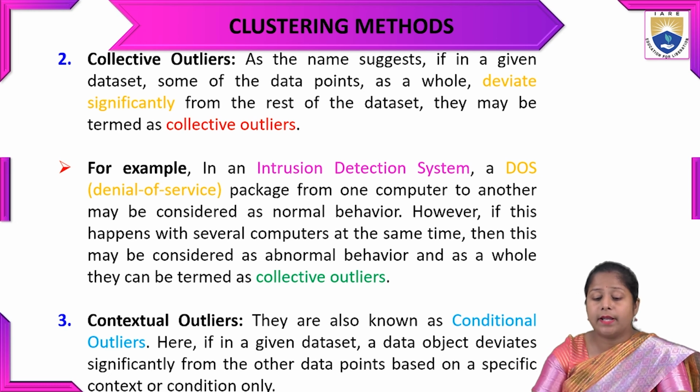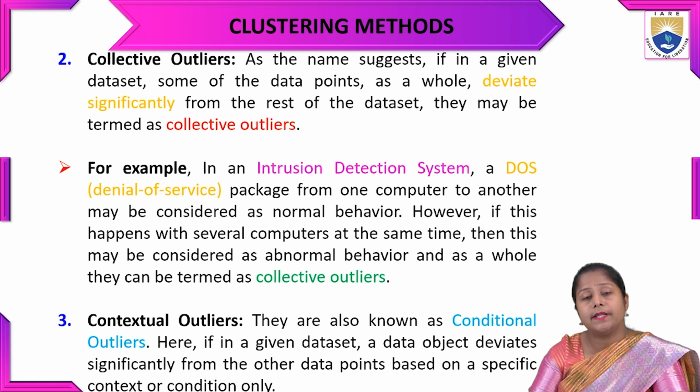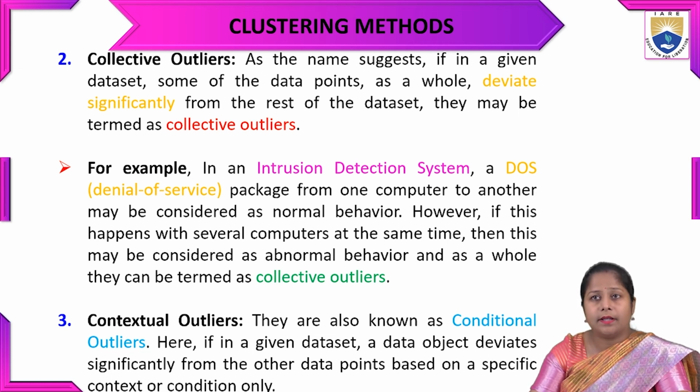Second is the collective outlier. As the name suggests, if in a given data set some of the data points deviate significantly from the rest of the data set, that may be a collective outlier. For example, in the same intrusion detection system, a denial of service packet from one computer to another may be considered normal behavior.